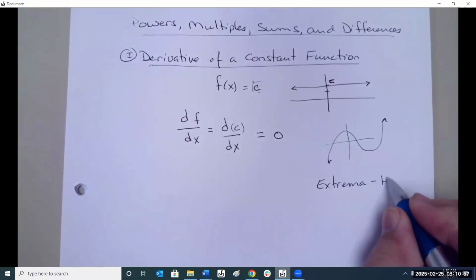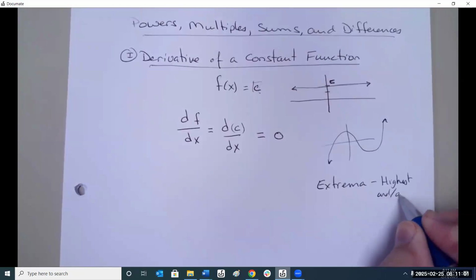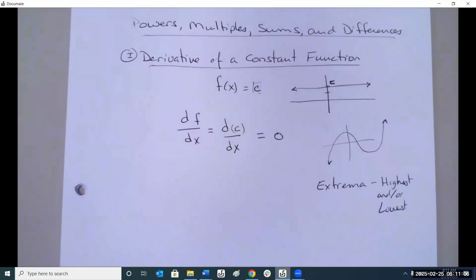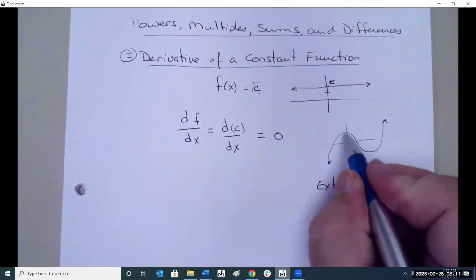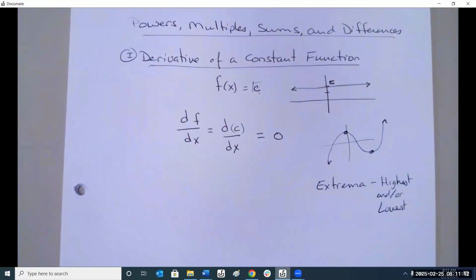Yeah, so it's the highest and or lowest point. So we call those extrema or relative maxima, relative minima.